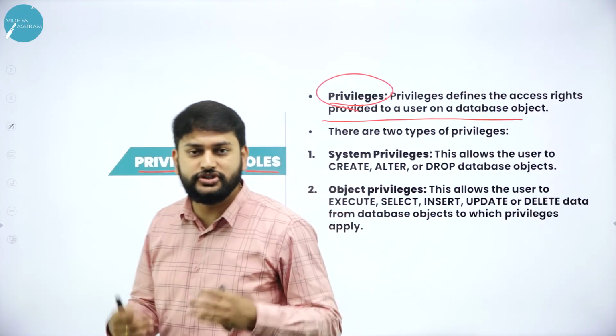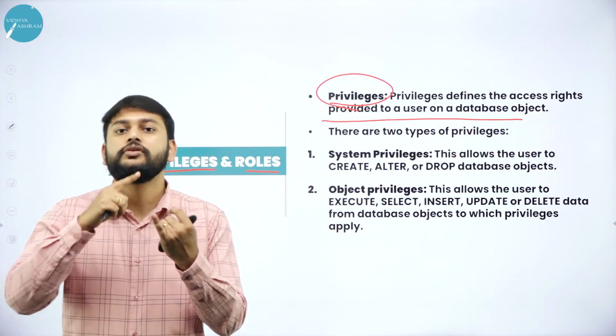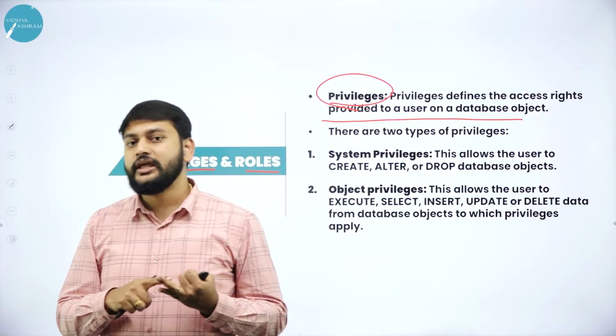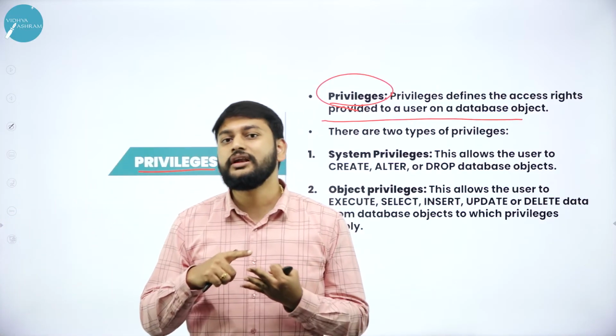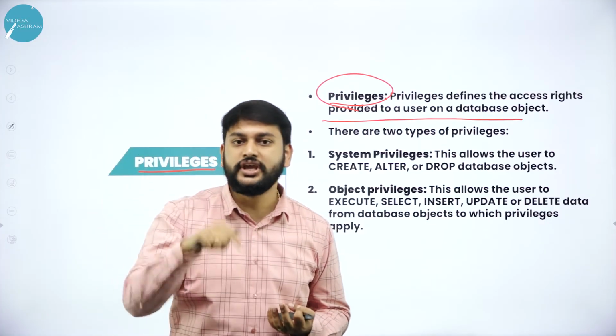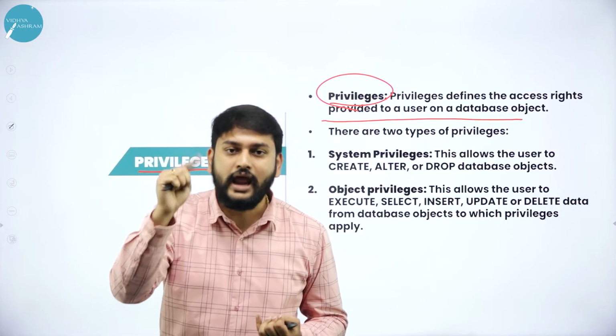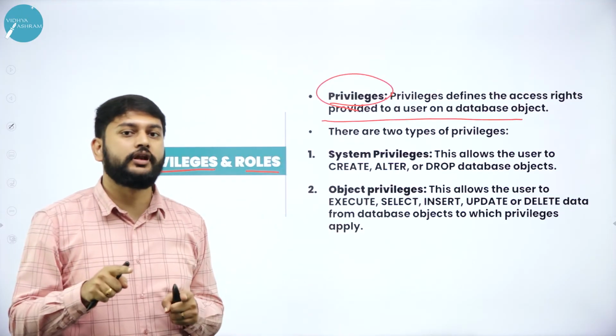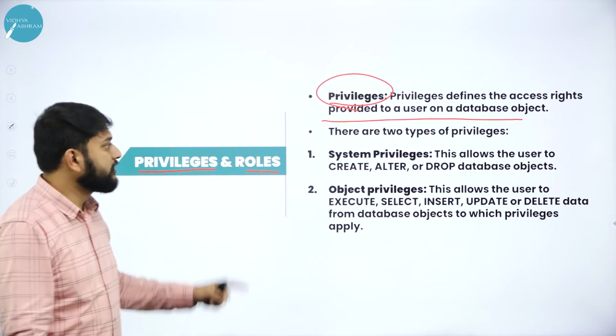These are the three permissions that I can give. Only read: whatever data is there, only you can read. Then you can write or you can execute, or read, write. You can read and change, or read, write, execute. You can do all three. So what is it that you have given? That is what we call a privilege.